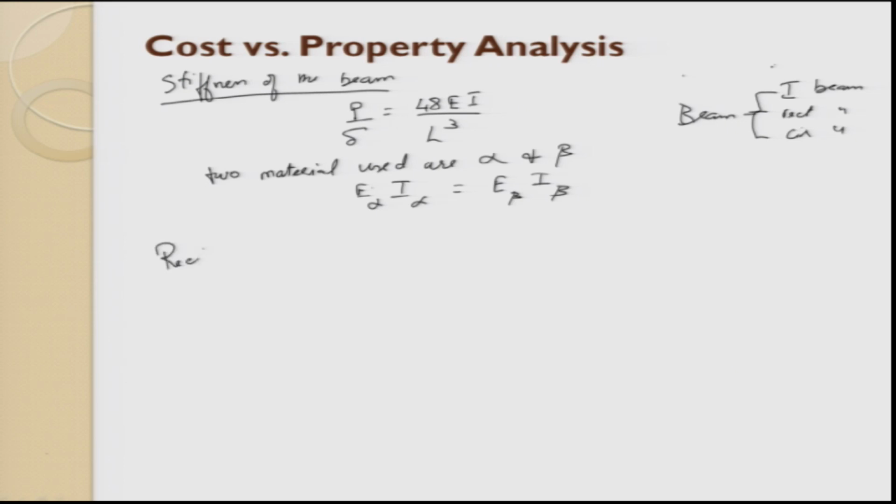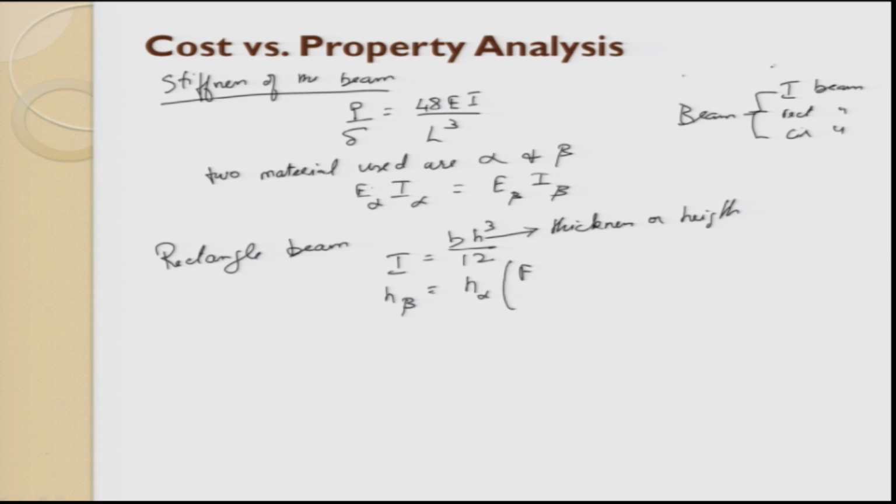Just for your information, a rectangular beam has I equal to BH cube by 12, where H is the height or the thickness of the cross section. So if you take two different materials, H beta equals H alpha into the cube root of E alpha by E beta. So what have we done here? We have done the stiffness of the beam.